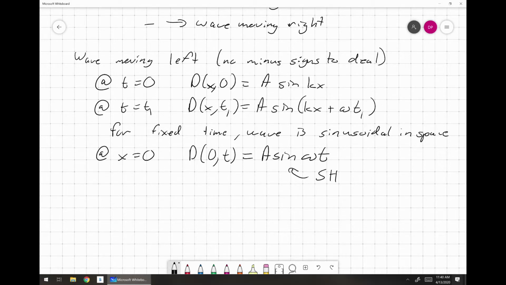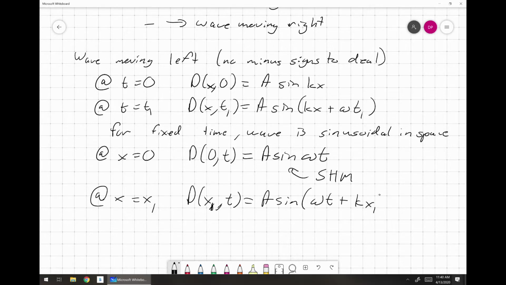So if we look at the wave at a fixed position, then we have just simple harmonic motion, and it can differ by some constant. So if we said at some x equal x1, and we have d of x1 and t, we would get A sine of omega t plus kx1. So again, we just have this kind of phase constant here.